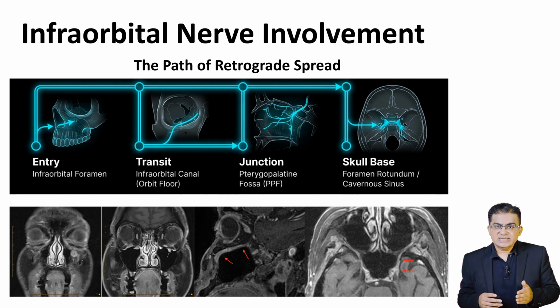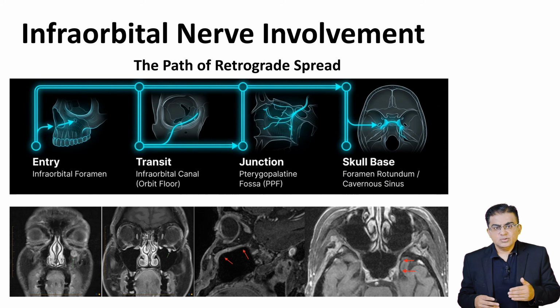The journey starts right here at the entry point, the infraorbital foramen, sitting right in front of the maxilla. From there, the tumor doesn't grow outward, it travels backward. It transits straight through the infraorbital canal, creeping right along the floor of the orbit.